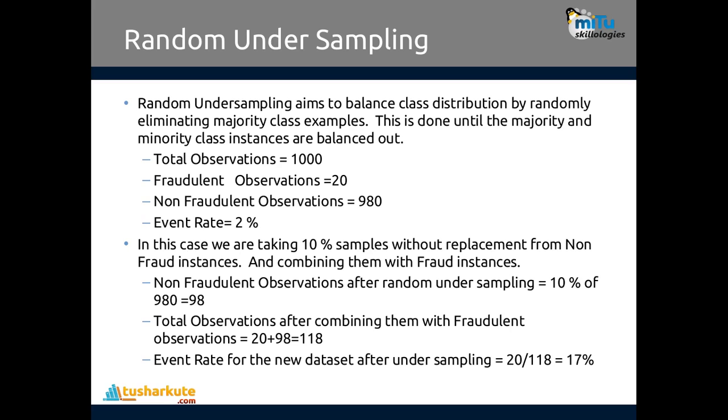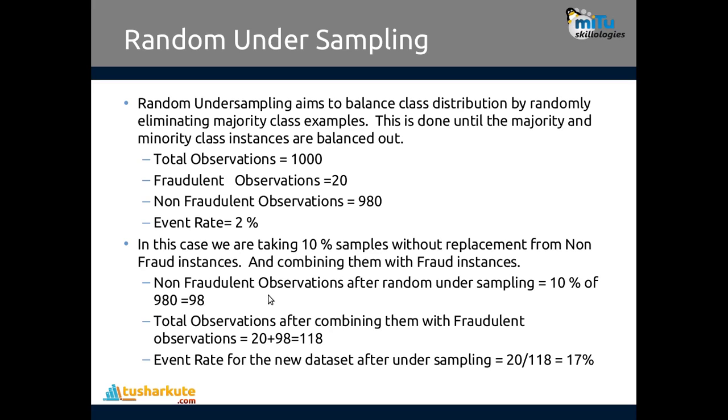Let's see an example. Total number of observations is 1000, fraudulent are 20, non-fraudulent are 980, so the event rate is 2%. In this case, we are taking 10% samples without replacement from non-fraud transactions and combining them with the fraud transactions. Out of all non-fraudulent transactions, random undersampling will take 10%, that is 98, randomly out of 980.